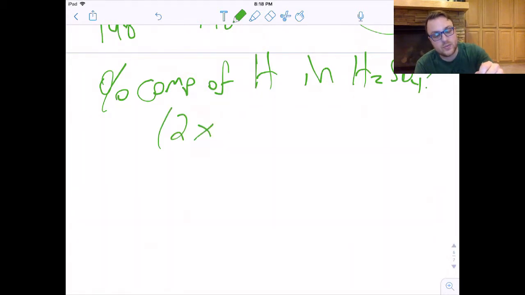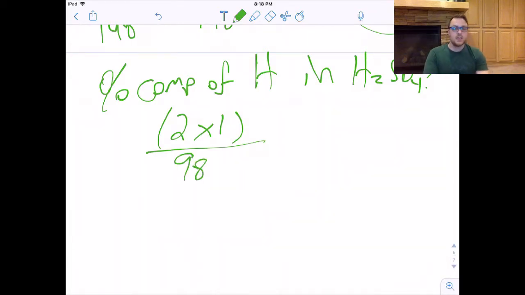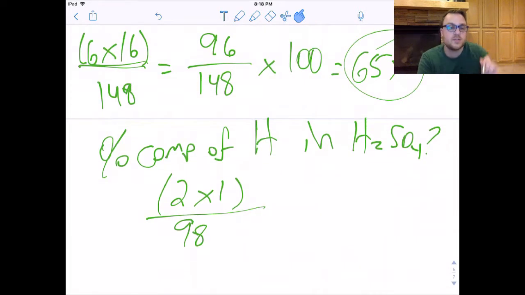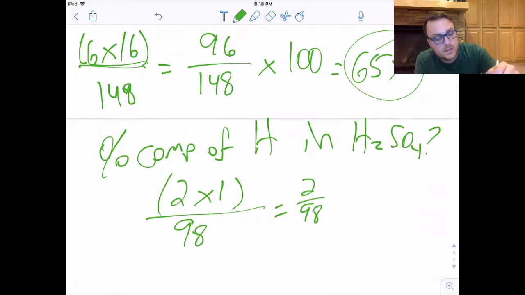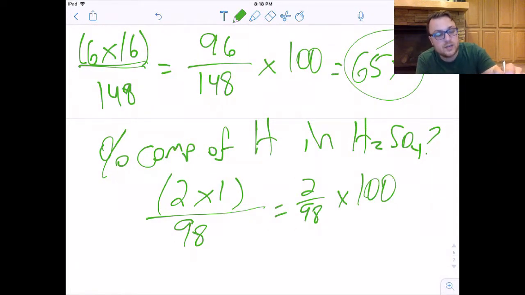We did that calculation before. They each weigh 1, so I'm going to do 2 divided by 98, and then times 100. Don't forget the times 100. So if I do that, I should get about 2%.